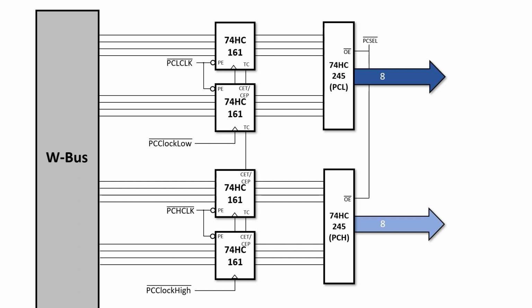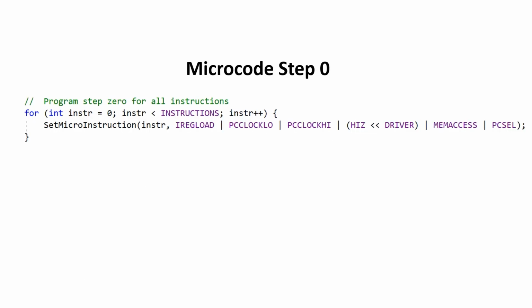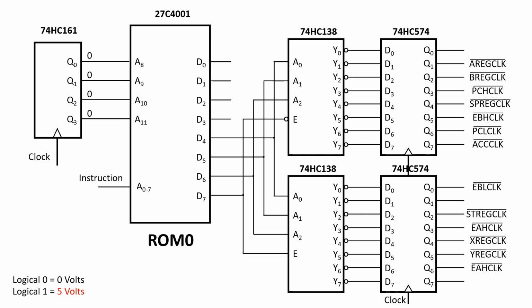These two signals, PCL-CLK and PCH-CLK, both come from the register decoding logic within the sequencer controller. In the fetch microcode, iReg load is driven directly from the control word, and I did this so I can easily change it from active high to active low if I want. I haven't specified a register for the decode logic to use.